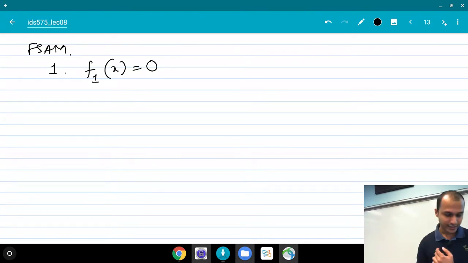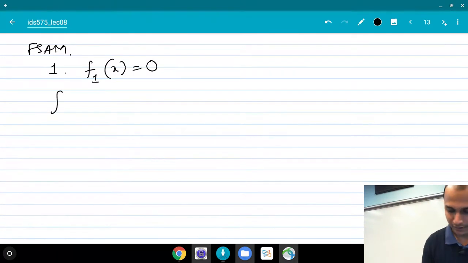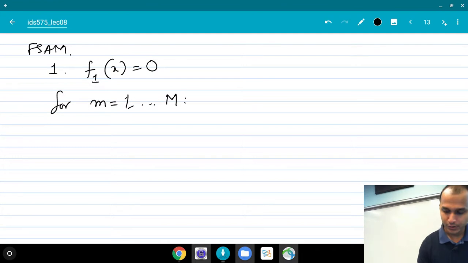I'm writing it in terms of a generic supervised learning problem, which could be regression or classification. Adaboost is for binary classification, the version that I wrote previously. So first you start with some constant function, and then you have a for loop for m equal to 1 to capital M, let's say 100. You do two things.